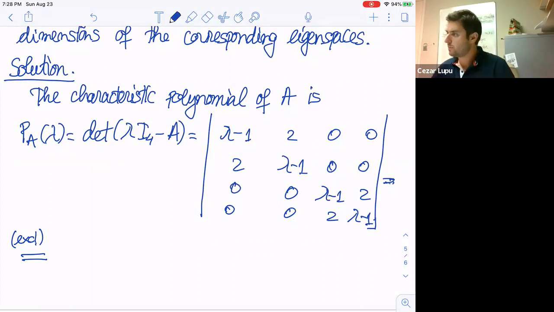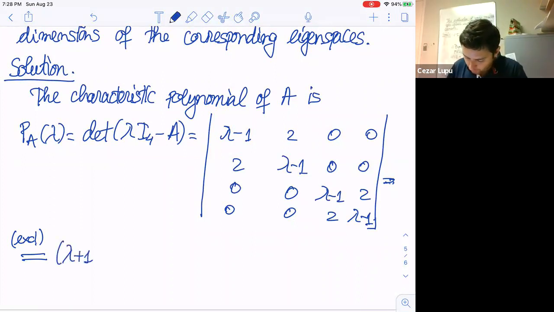Okay, so this would be equal to lambda plus 1 squared times lambda minus 3 squared. Now it's quite clear what the eigenvalues are.